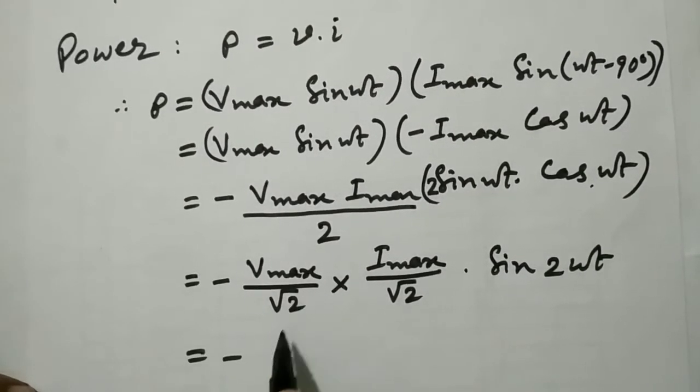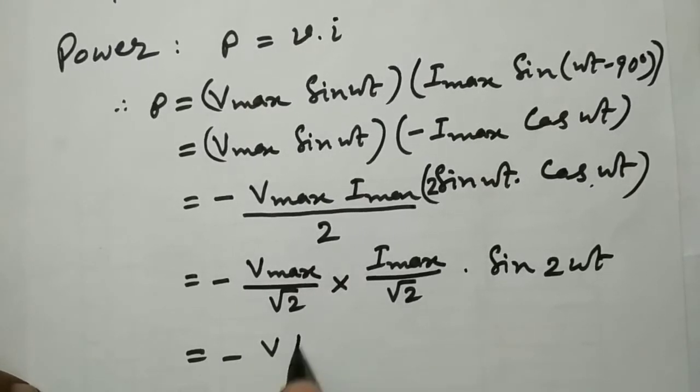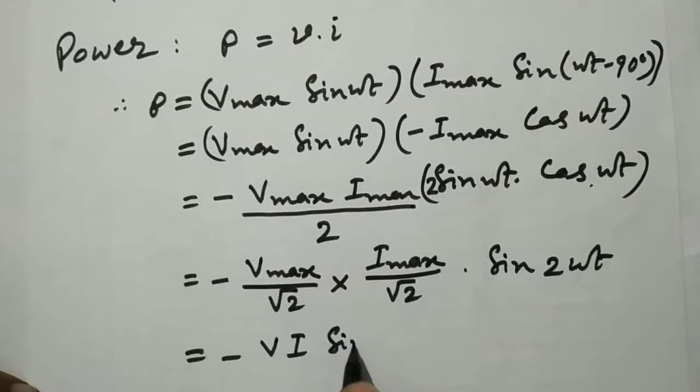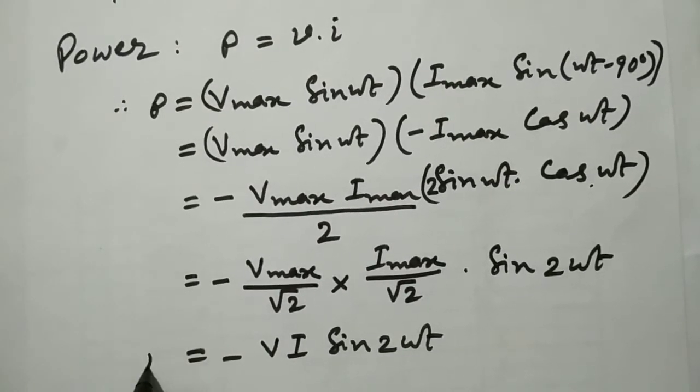Now Vmax upon root 2 is Vrms, Imax upon root 2 is Irms, and sin 2 omega t. So that is the expression of the instantaneous power.